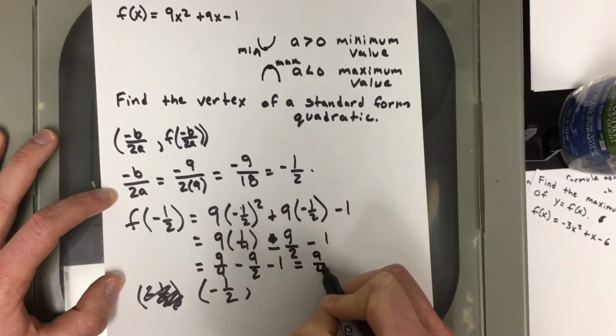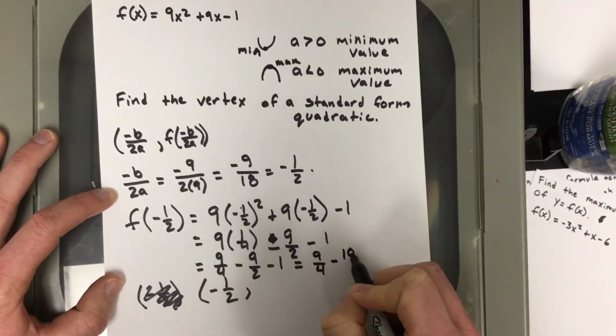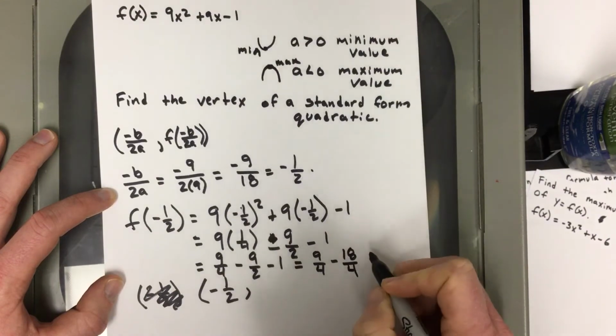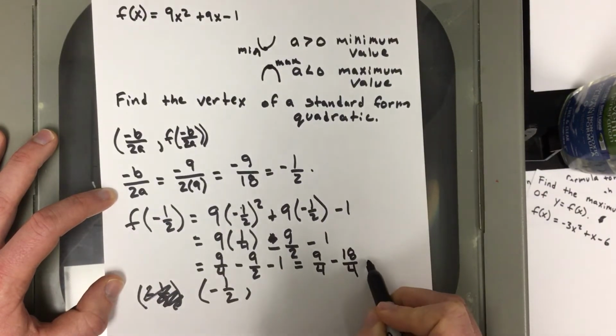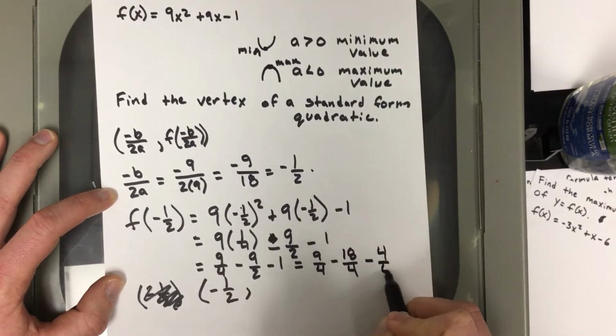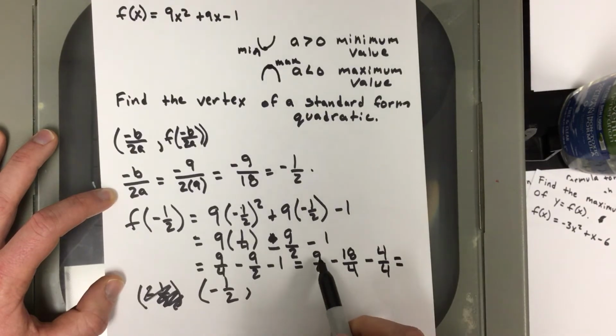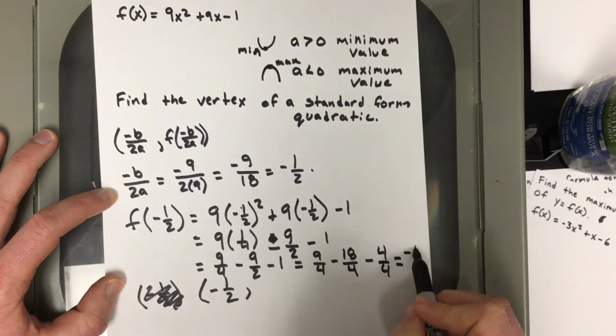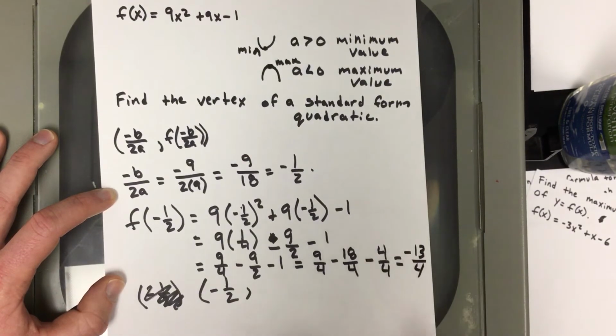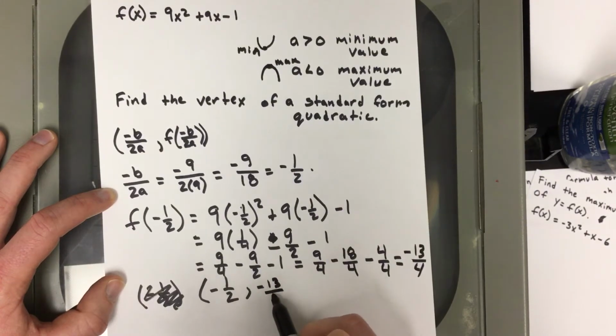So it's 9 over 4 minus 18 over 4, and then minus 4 over 4, which is going to give 9 minus 18 is negative 9, minus 4 is negative 13 over 4. So that's going to be my other coordinate.